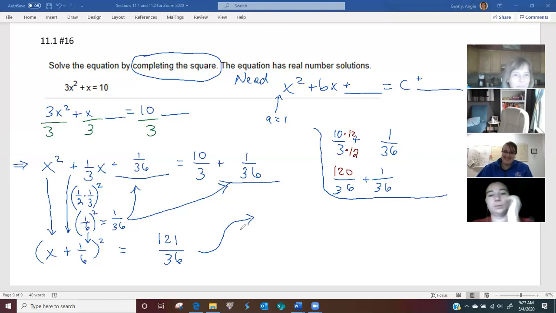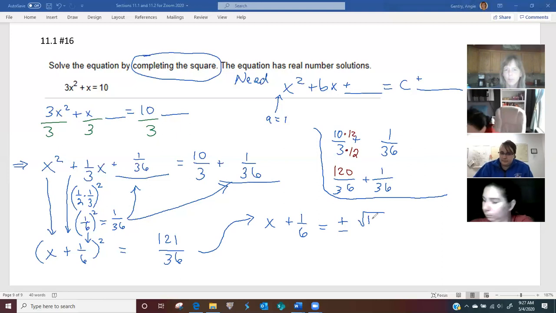Nobody cares. Okay. Now we're going to use the square root property. So if something squared is a constant, then that something is plus or minus the square root of that constant. And now the beauty this time, this is going to be a nice one. I'm going to go ahead and split them up.